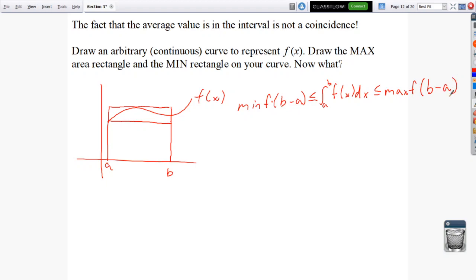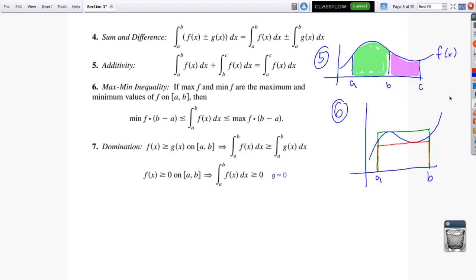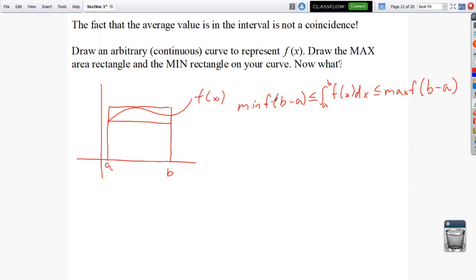Remember that from way earlier today? Let me just show it to you real quick. Number 6 right over here. Remember how it's just kind of like one of those duh? The biggest rectangle is definitely bigger than the actual area, and the smallest is definitely smaller than the area. Well, we just took this inequality and copied it over to here.